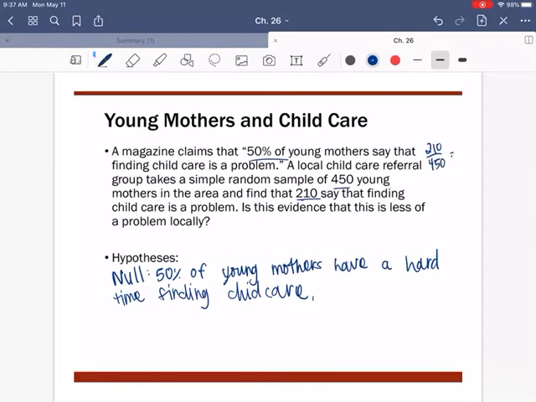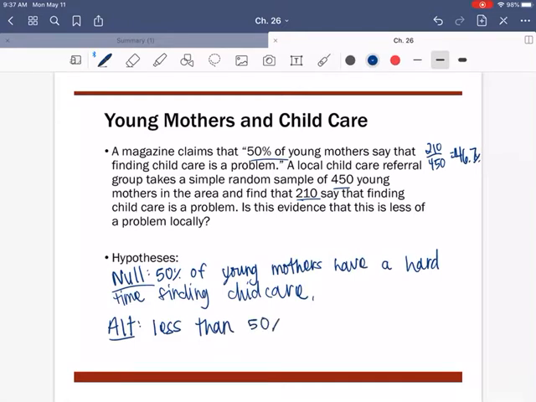It should be 50%. Okay, then we've got the sample, 210 out of 450. If we calculate that percent really quick, 210 divided by 450, that is 46.7%. So what we want to know is if that is a big enough difference from 50% that locally there's less of a problem finding childcare.